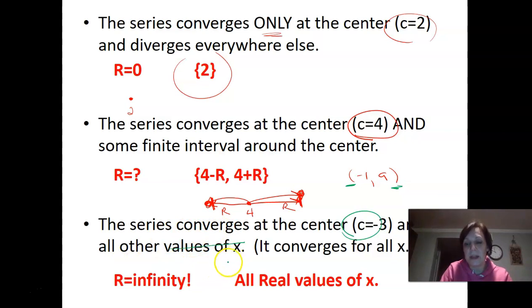And you can either say that your interval is all real values, or you can say that your interval is negative infinity to infinity. I will just note again, do not ever include infinity. It's not a number, it's an idea. You cannot include it in an interval, ever, not just for series.